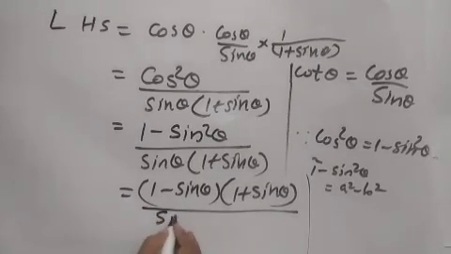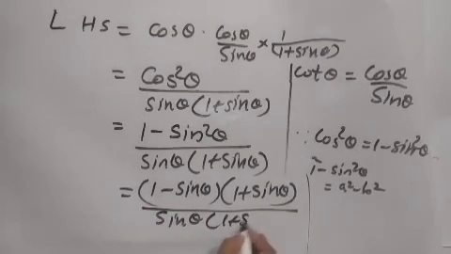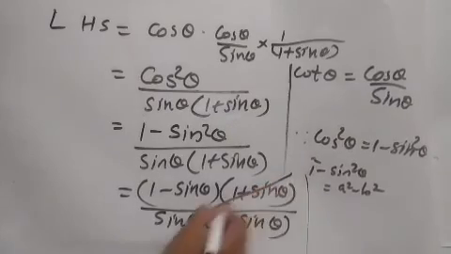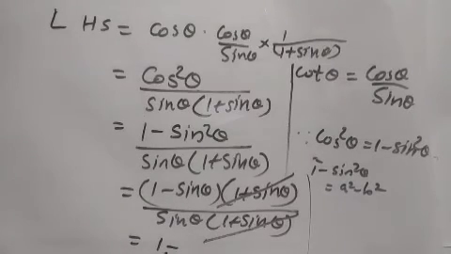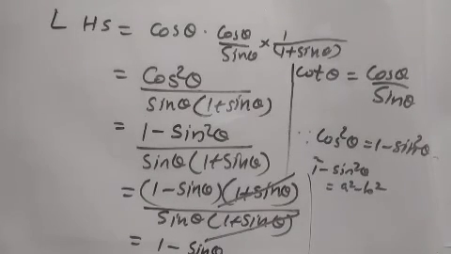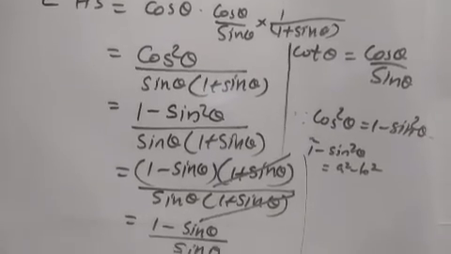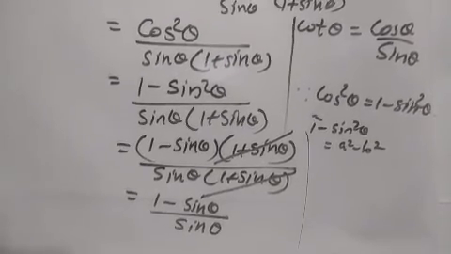And the denominator same, sin theta into 1 plus sin theta. So we can cancel out this group from numerator and denominator. So that is 1 minus sin theta whole divided by sin theta.